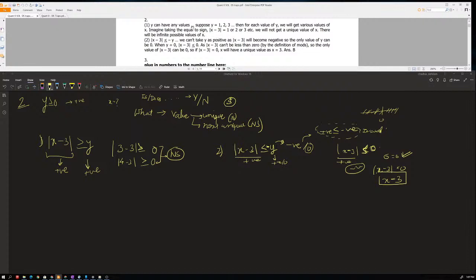What they have done is take a value of y like 1, put it back in the equation, mod of x minus 3 equal to 1, solve for x and get one value. Similarly, they have taken another value of y, solved the equation and got another value. That's how they are doing it.